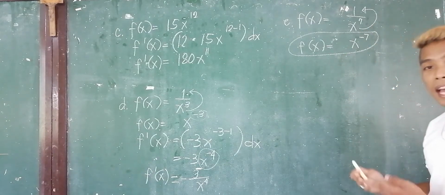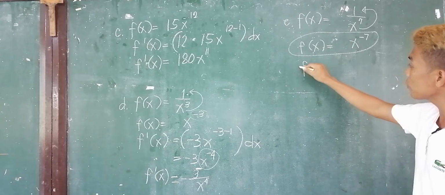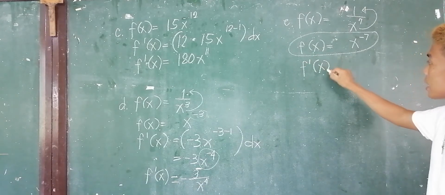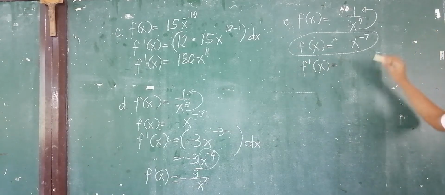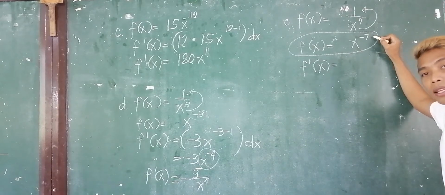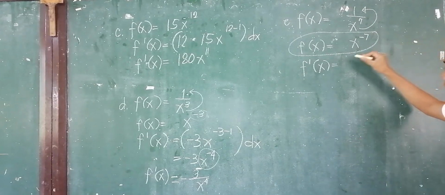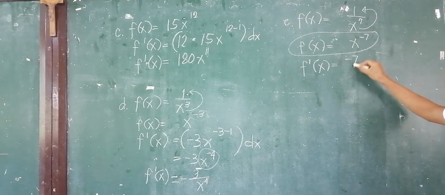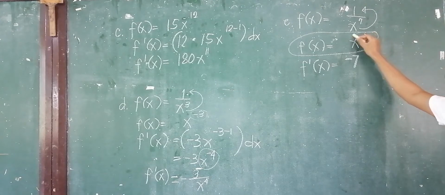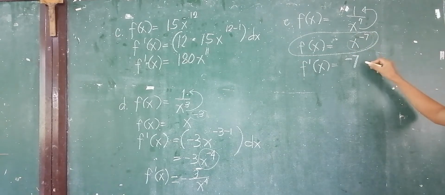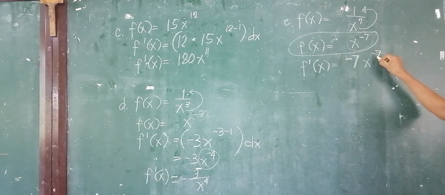Now, we can have the derivative. F prime of x is equal to, kunin yung exponent, kung negative yan, isama mo yung negative. And then, ilagay mo sa harapan. We have negative 7. Yan. Then, kopyahin mo to. Yan mismong buo. X raised to negative 7, kinopya mo.